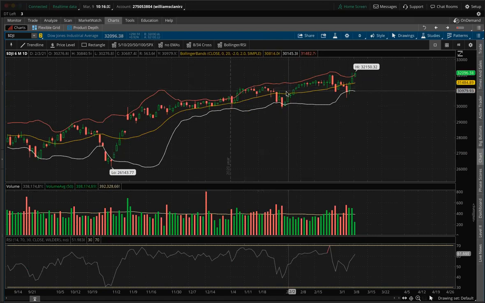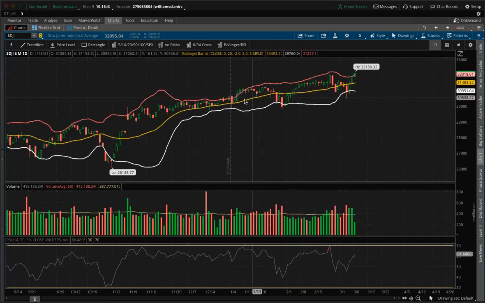So again, these bands represent 2 times the expected move, standard deviation. From the mean price, our 20-period simple moving average, that's yellow, it did a 2 standard deviation move to the downside and reached the outside of its band.